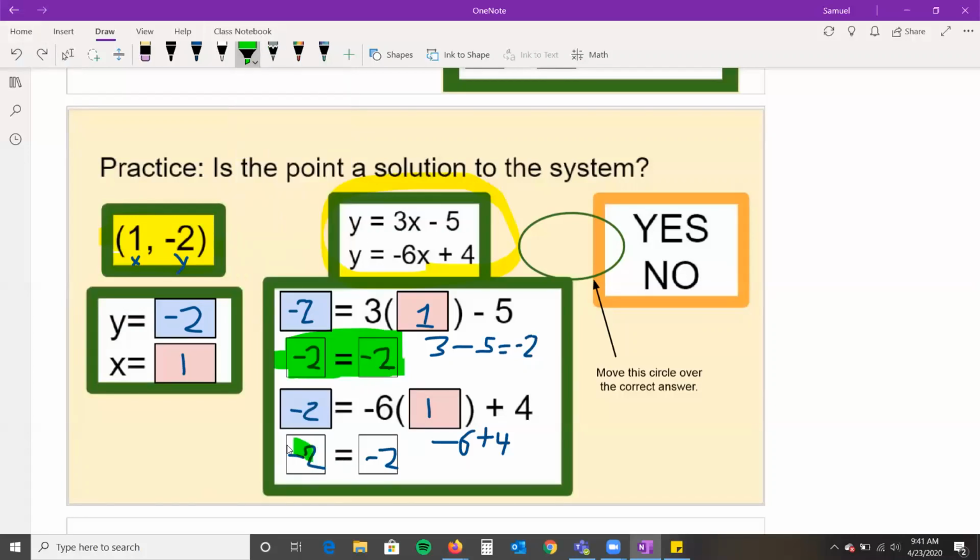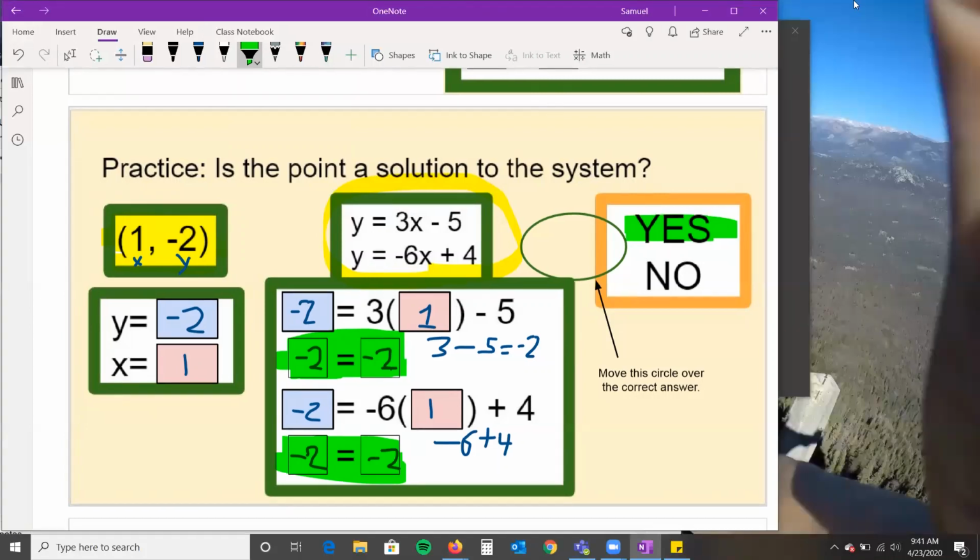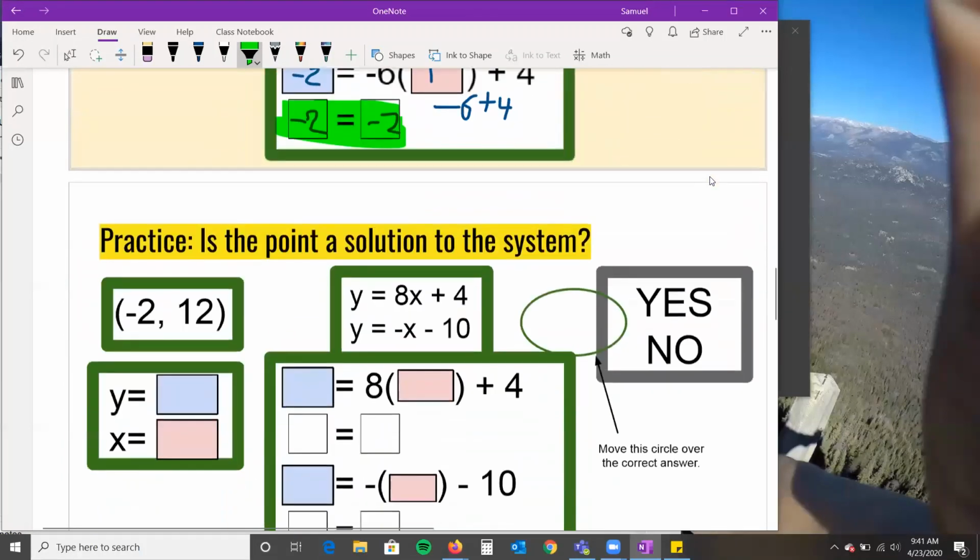So we've got this coordinate pair that worked for this equation and this equation. So is the point a solution to the system? Yes, it is. Okay, so if you got yes, that is the correct answer.